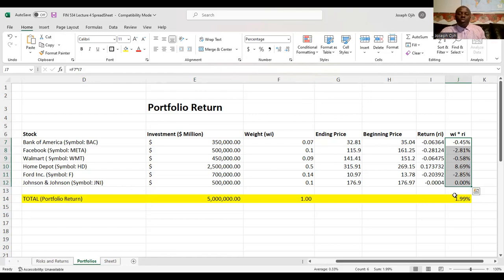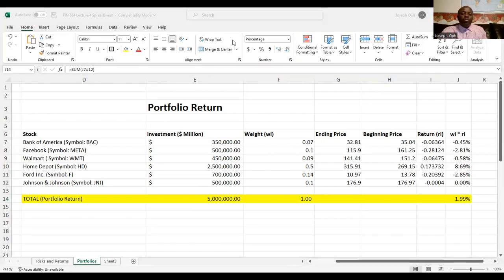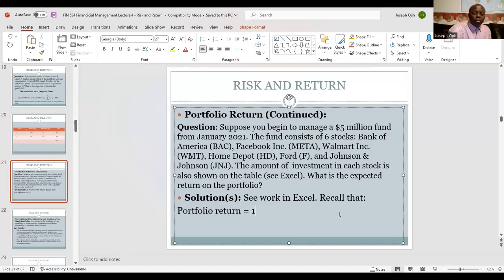So the return for this portfolio is 1.99%, the sum of the weight times the return. Okay, it's low, but the market is down overall.